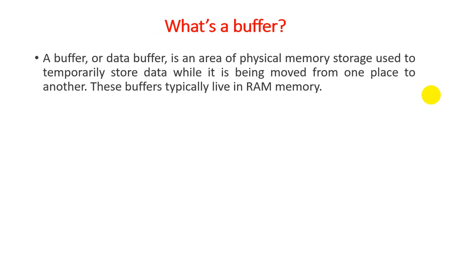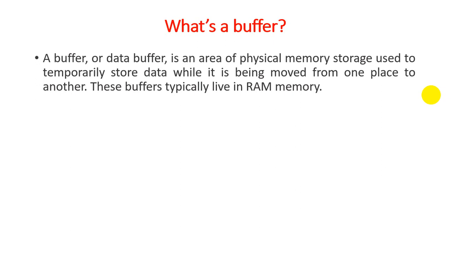Now, what is a buffer? First we learn what a buffer is, then how the hacker uses it. A buffer or data buffer is an area of physical memory storage used to temporarily store data while it is being moved from one place to another.